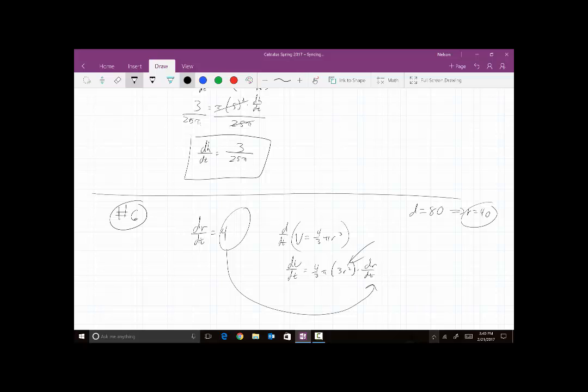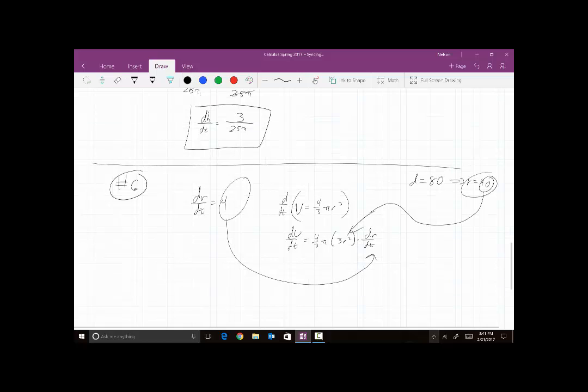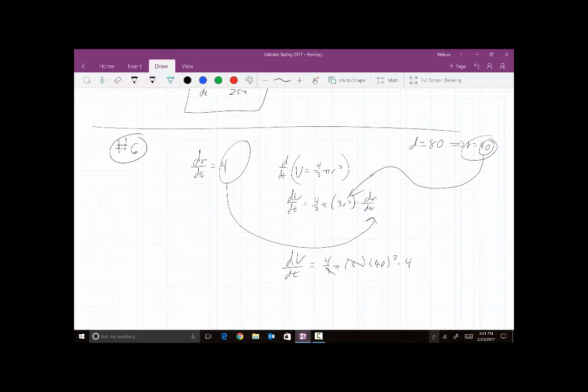So we get dV/dt is equal to 4/3 pi times the 3, which cancels, times 40 squared times the 4 for dr/dt. I think I worked this one earlier. This is 4 times 4, which is 16, so this is going to end up being 16 times pi times 1600.